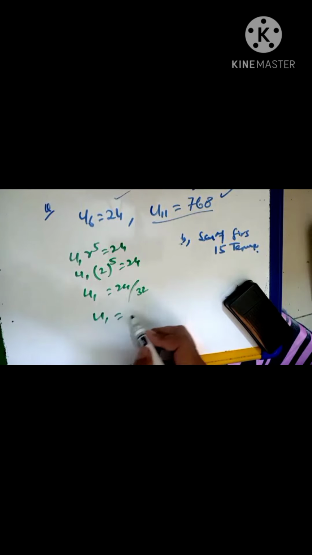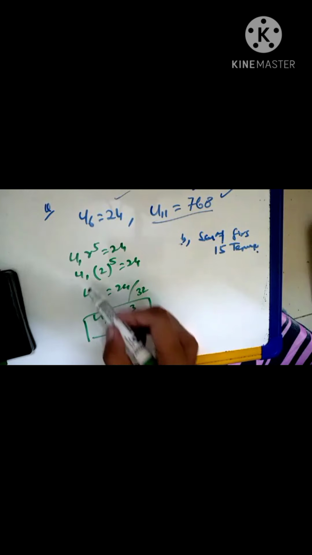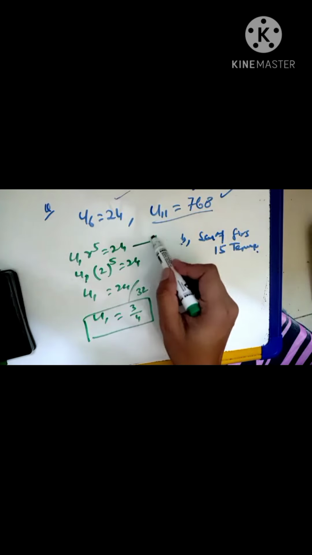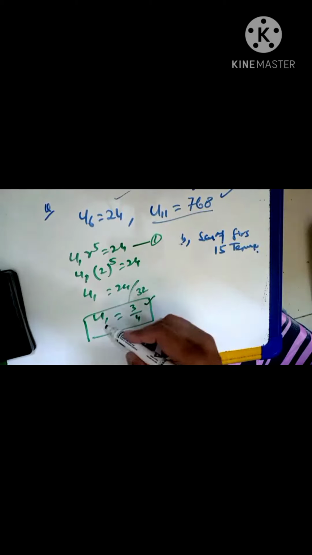If you divide, 8 3s are 24, 8 4s are 32, so 3 over 4. Why did you put 32? Because 2 raised to power 5 is 32. I just put 2 in the first equation. Okay, so we get A, we get U1, we get R.